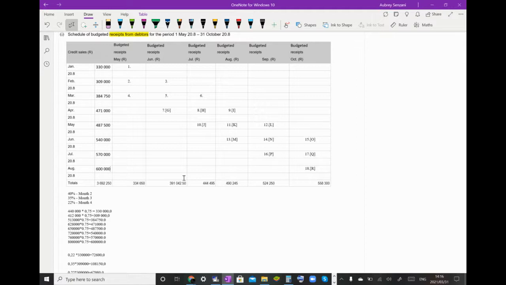All right, so happiness. Cool. So then the next thing we need to do is we then need to calculate when each amount is actually being paid.